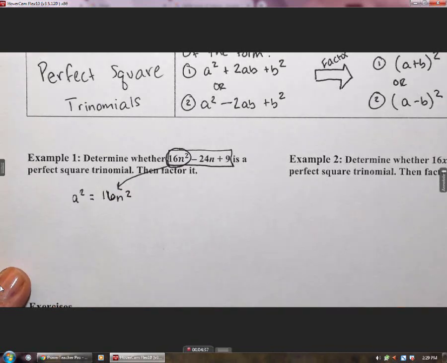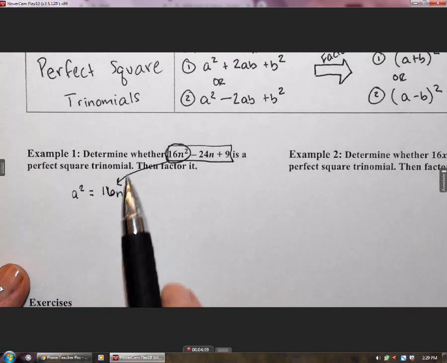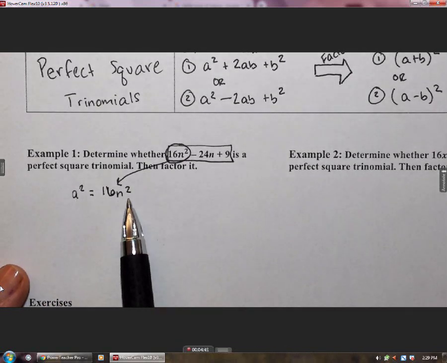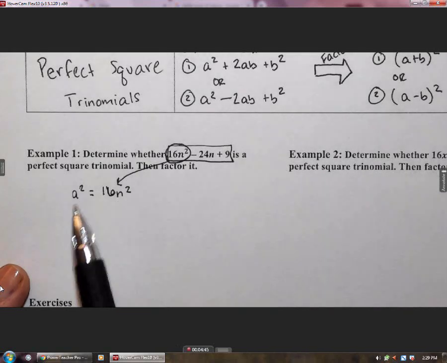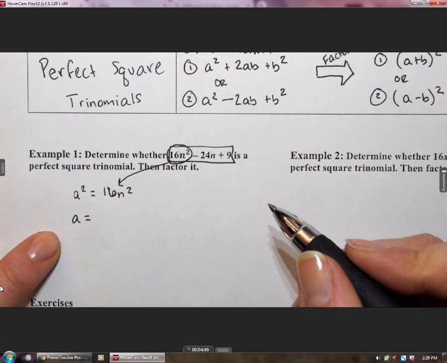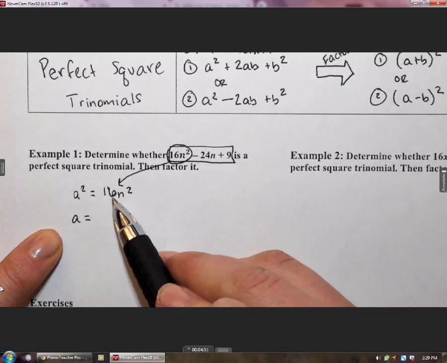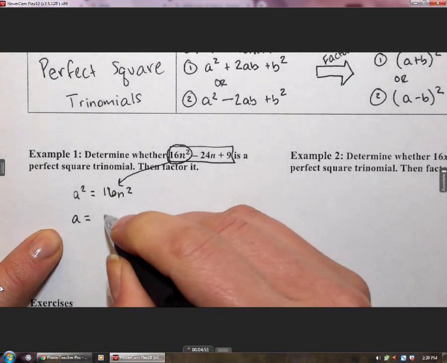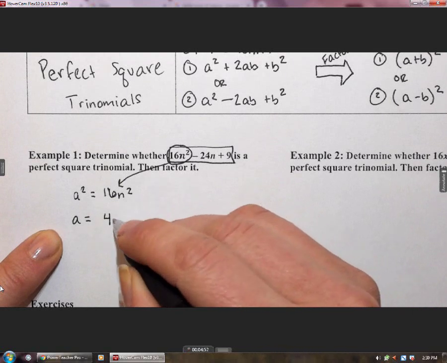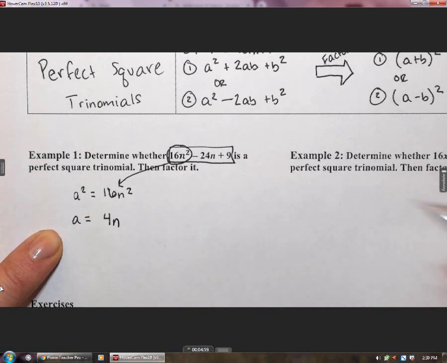Is 16 a perfect square? Yes. Is n squared a perfect square? Yes, it is. It's an even power. 2 is an even power. So that means that a, not a squared, but a would be, what's the square root of 16? 4. And the square root of n squared is just 1n. Those are both perfect squares, so it worked.